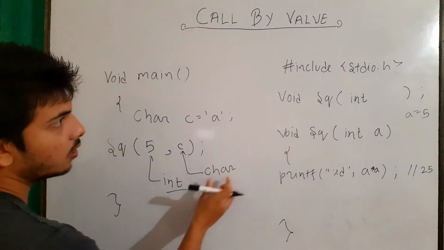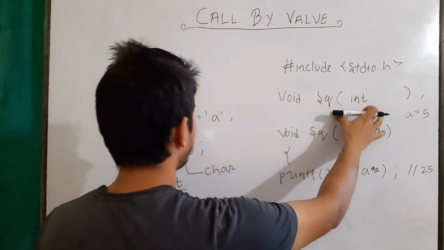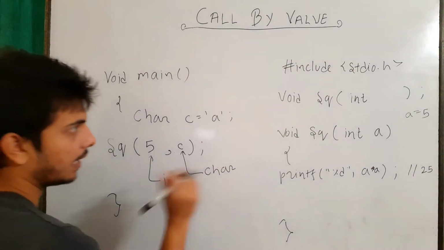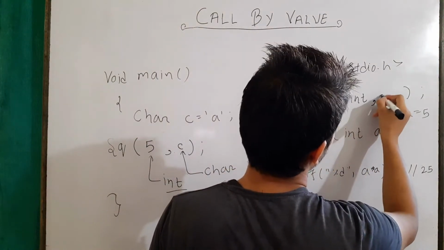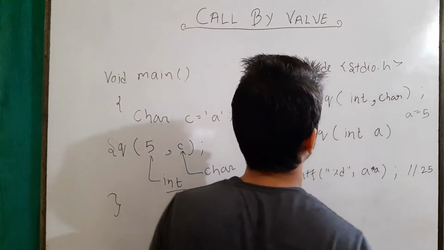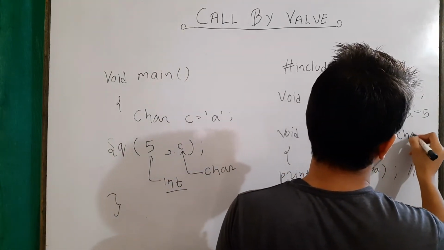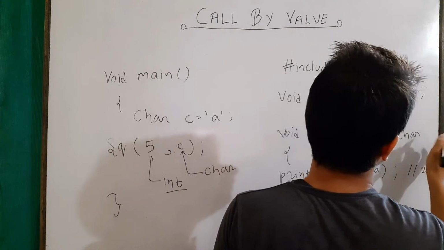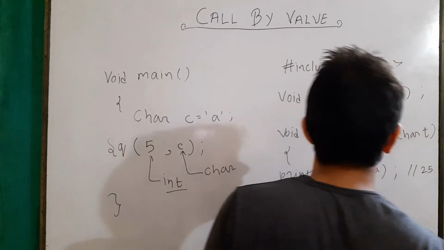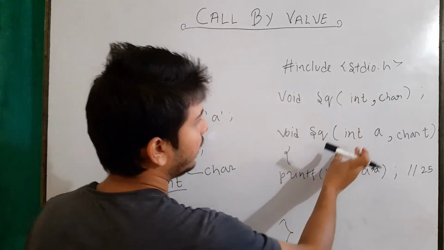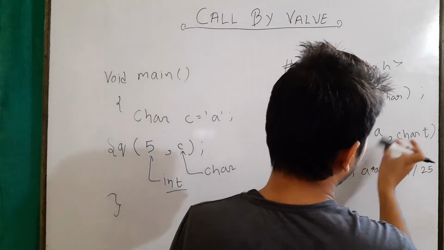So I will also have to define in its prototype that the function must accept the values of data type character. So with this I will write here char also. And here also char, and let's say the name of our variable here is t. Any variable name can be taken here. Here we only write the data type and here the data type with the variable name.